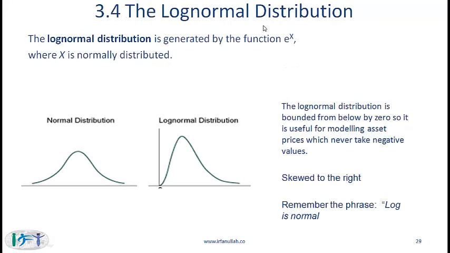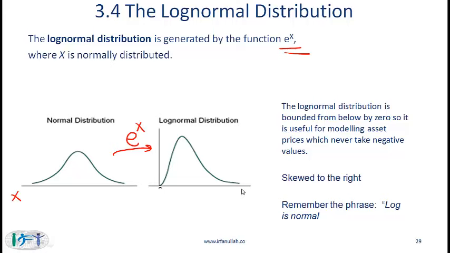The log normal distribution. The log normal distribution is generated by the function e to the power of x, where x is normally distributed. If you take this normal distribution, where x is the random variable, and you transform it by taking e to the power of x, what you end up with is a log normal distribution.